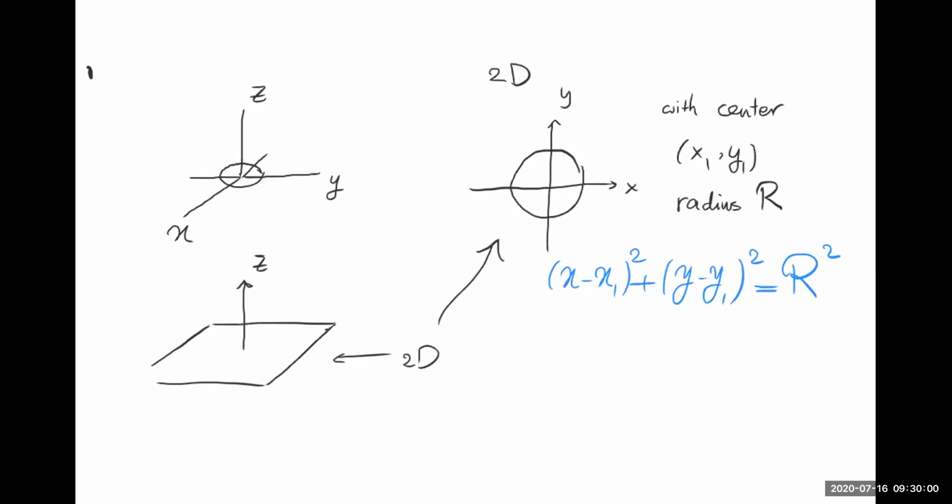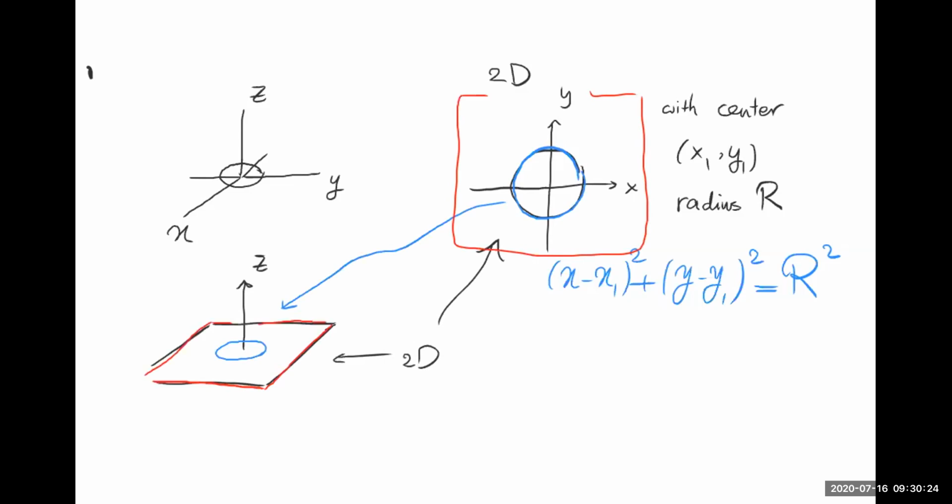So this blue circle I have in two-dimensional space would be here, right? If I put this two-dimensional space inside this three-dimensional space, that blue circle would be there. Now, what is the center of this circle?